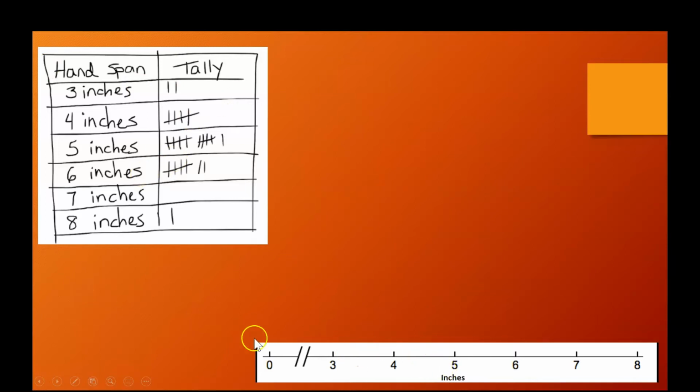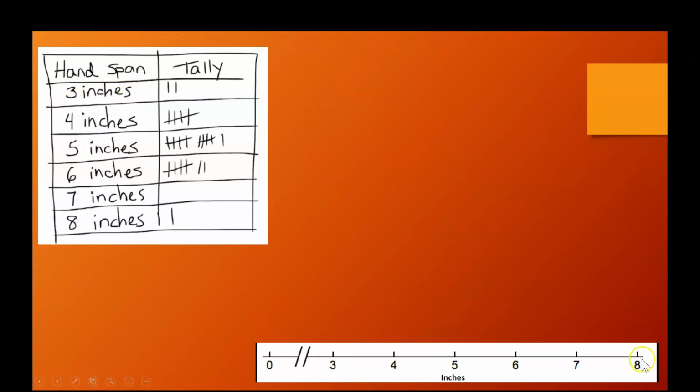So if we look, we've got our timeline. It has a 0 and then it has these 2 lines. And then it goes to 3. These 2 lines mean that we cut out the 1 and the 2 because we don't have those options. So just to save room, we started with the 3 inches because that is the smallest amount of inches that we have.